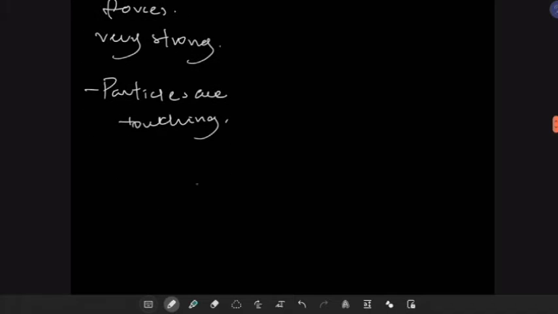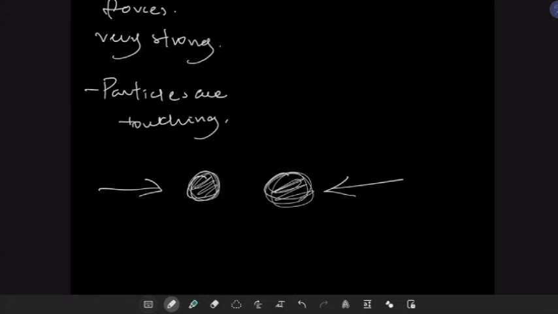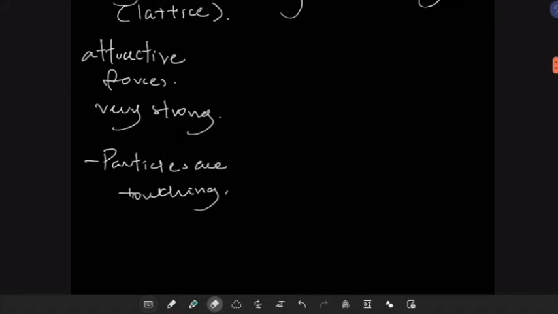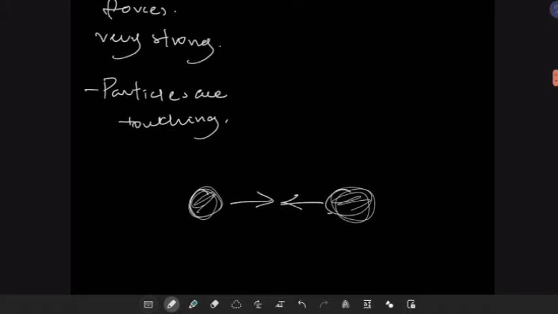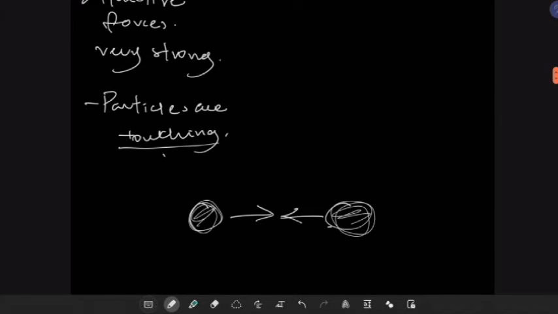As you may learn in other subjects, when you hold two balls towards each other and you apply forces to the side, the more force you apply, the closer the distance. So it is the same concept. Since the attractive forces, in this case, would be the force pulling them in, since they are very strong, they are touching.